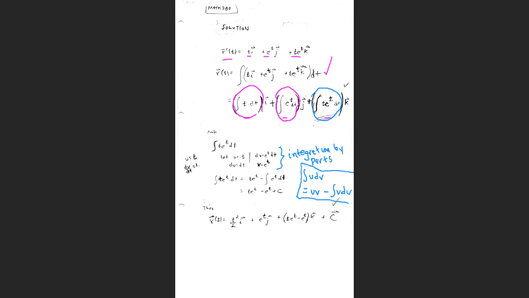Right? That's your formula. And I know that we let u equal t and dv equal e to the t dt, then this integral is just the integral of u dv.